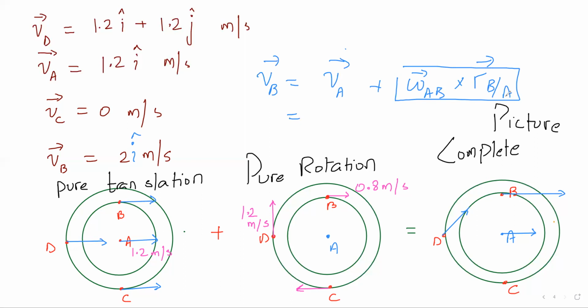The rotation chunk is 0.8. The equation is made up of translation and rotation. So that's how we do it. The whole complete picture has a translation component.